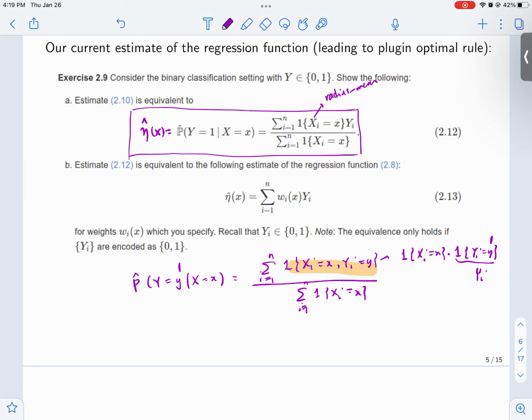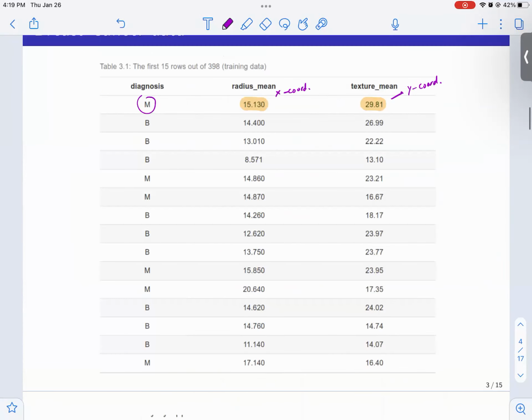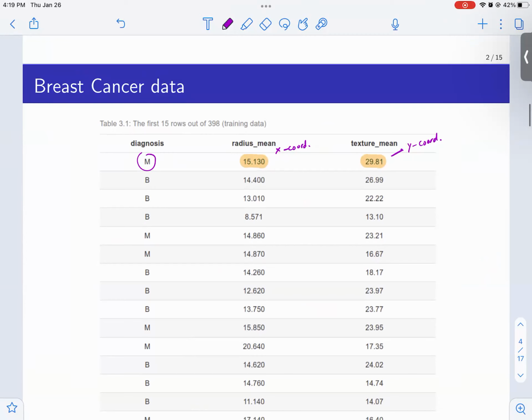So if I want to classify, I have this data, and the rule is, let me show it here: eta hat of x is the summation of the indicator that xi equals x times yi, for i from 1 to n, divided by the summation for i from 1 to n of the indicator.